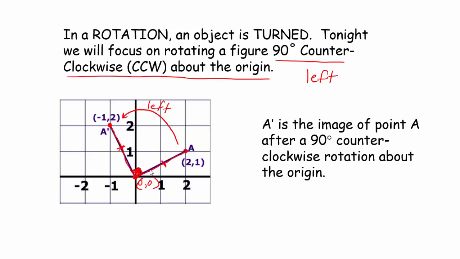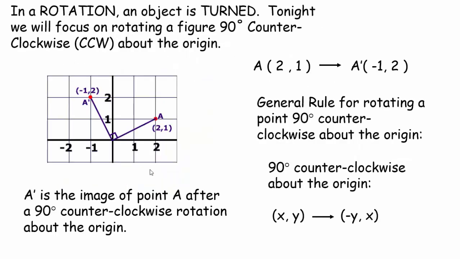Let's apply some rules. We've learned our rules for clockwise rotations of 90 degrees. Now we're going to learn the rule for 90 degrees counterclockwise about the origin. Let's take a look at point A. Point A is located at 2, 1. Point A prime is located at -1, 2. If we start with X, Y, first of all, notice what happens to those coordinates.